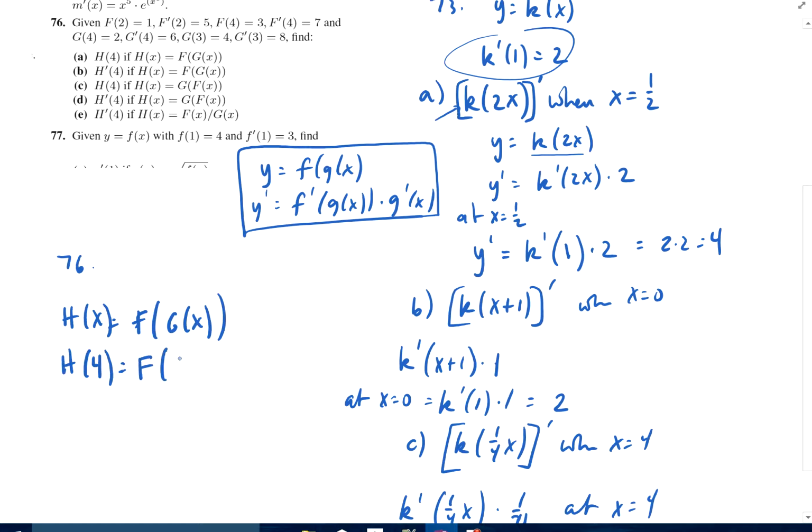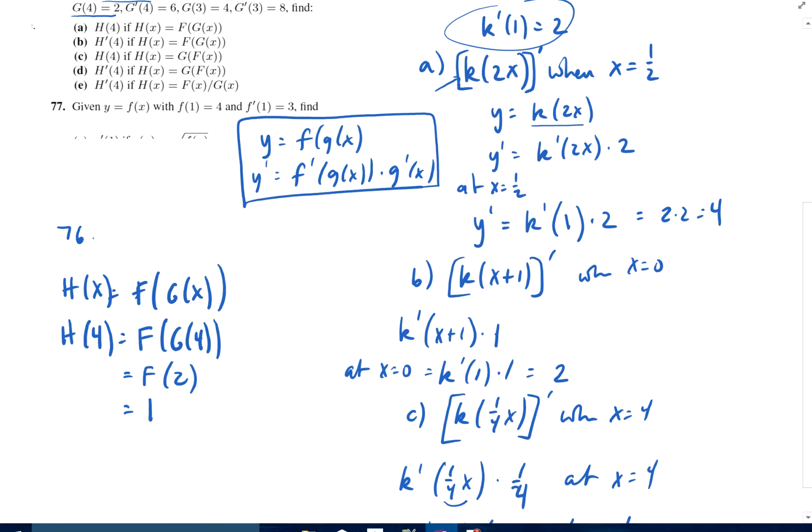So that's f of g of 4. It's not a derivative of anything, it's just this composition, f of g of 4. So we look up and say g of 4 is 2. So that's f of 2. And f of 2 is 1. Okay, does that make sense? See how that works? It's working.